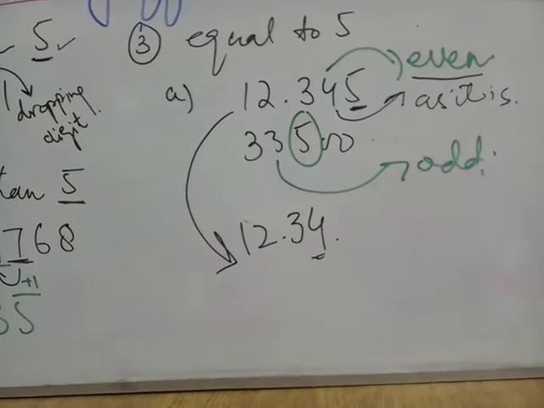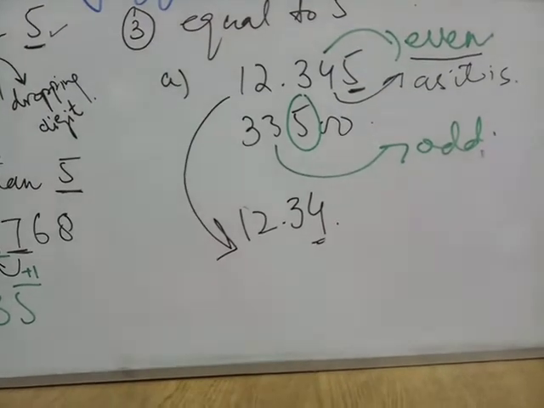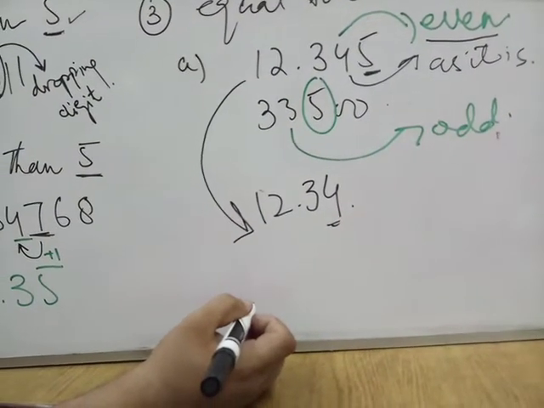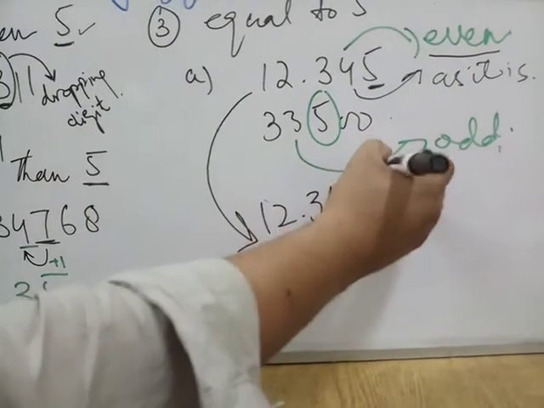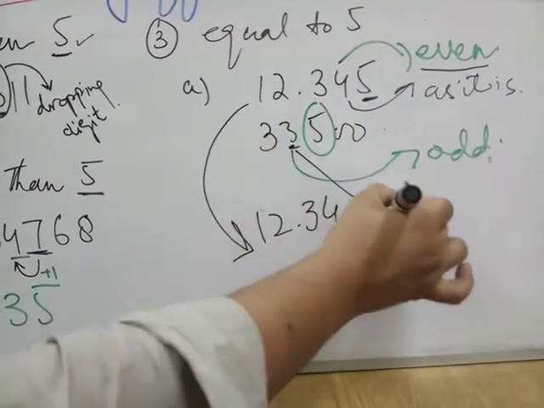And if after dropping 5 the last digit is odd, then 1 will be added to the last retained number.